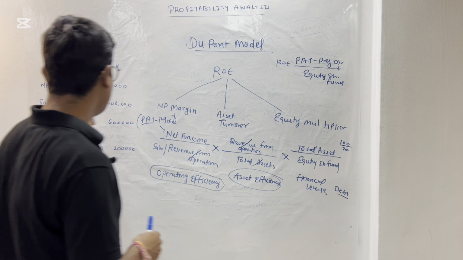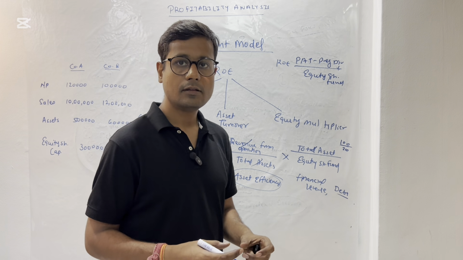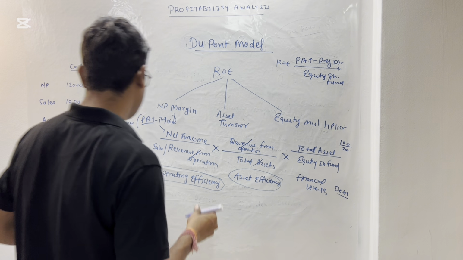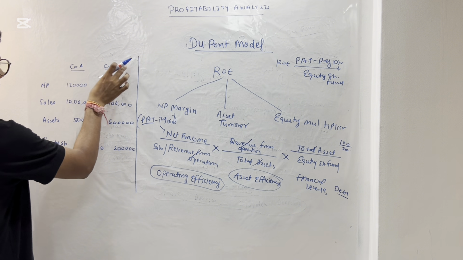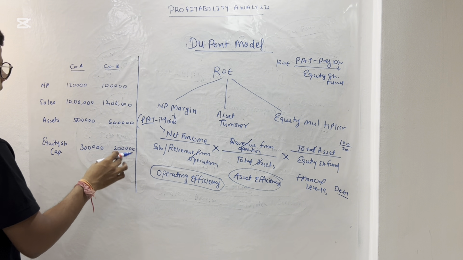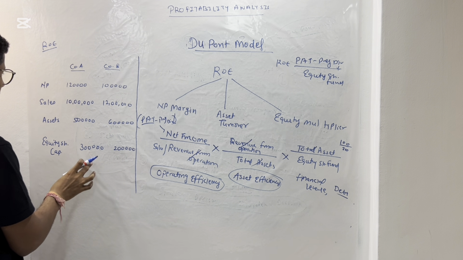Now I have written an example here. Let's understand using this example how these different elements help us analyze the return on equity in detail. So this is company A and company B. I have written the various parameters, net profit, sales, and everything. If I have to calculate the return on equity, what's the formula?